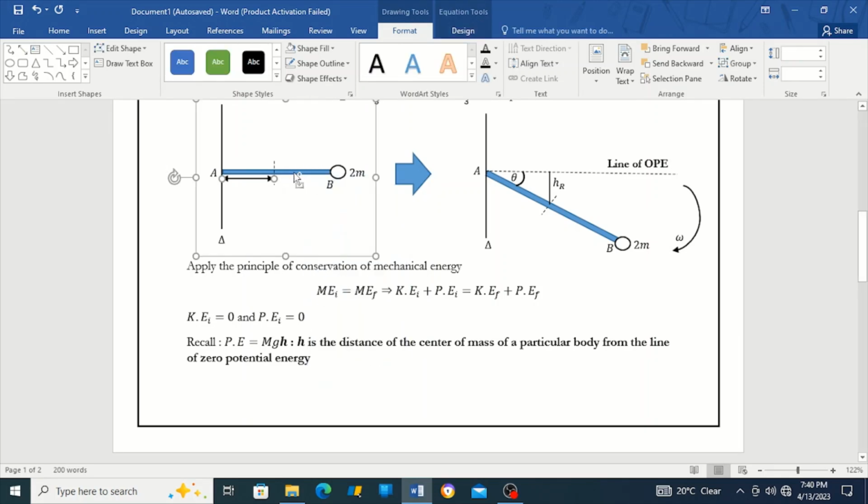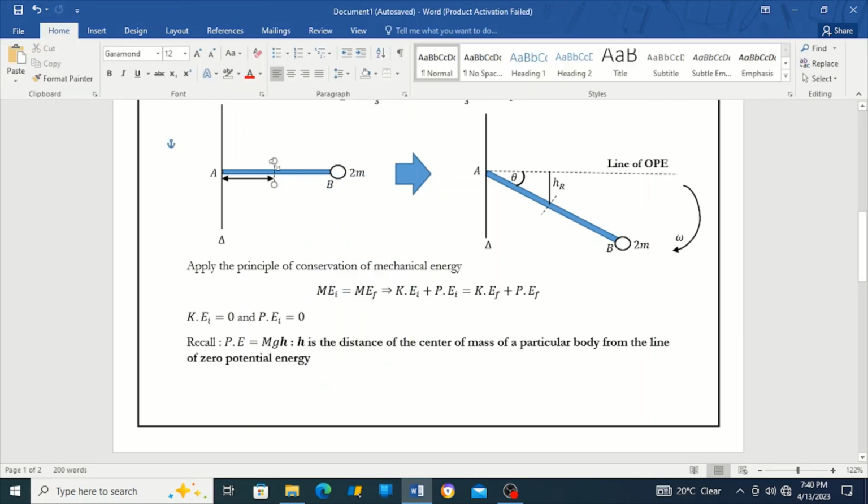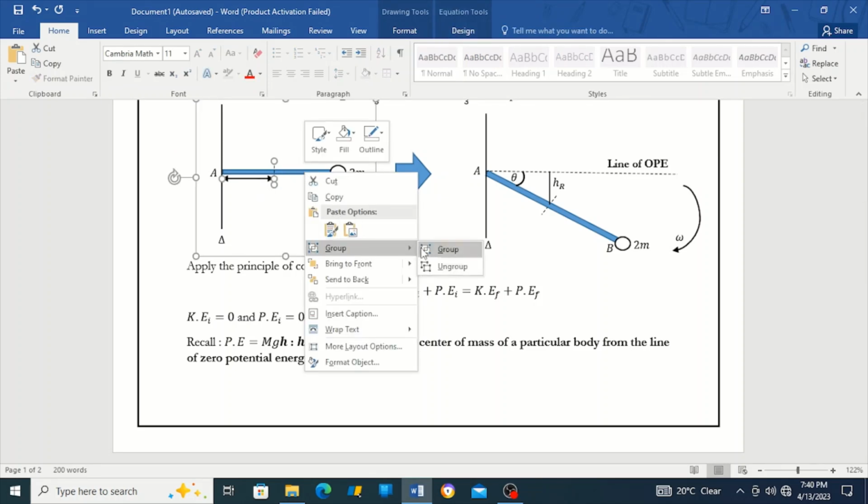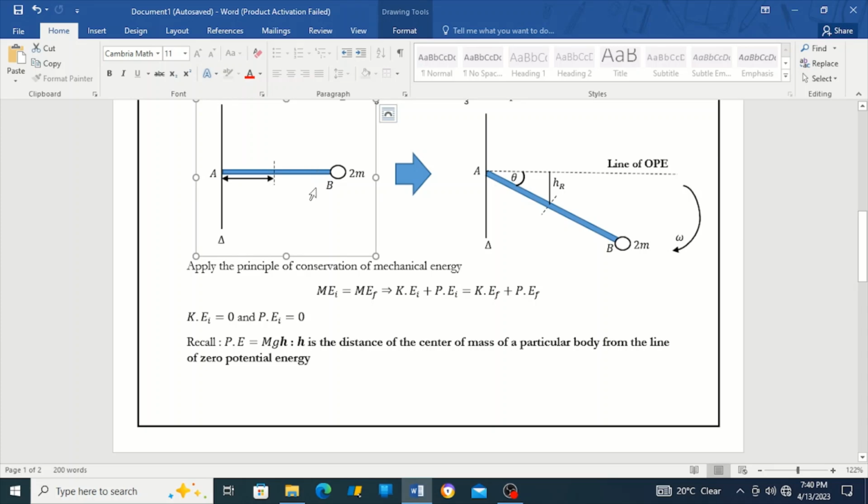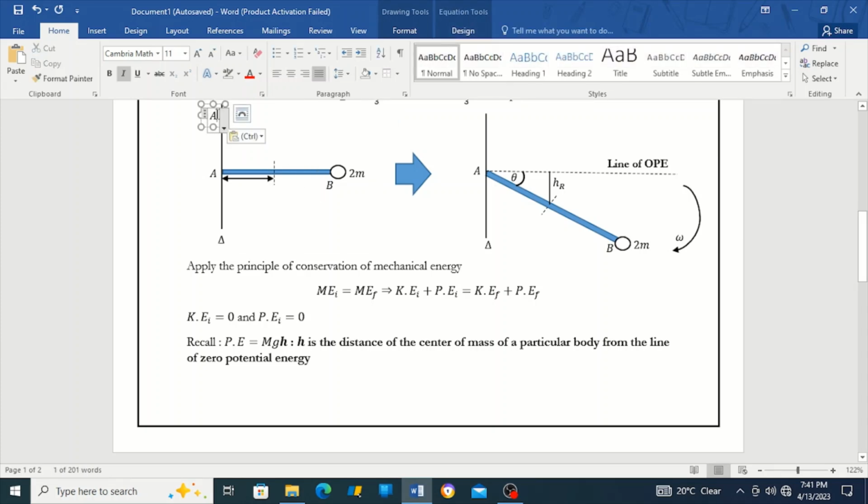Since the rod has length 2a, this small distance that I am putting there is simply a. So this distance here is a, and automatically it becomes the slanted distance that I represented here. So if I come back here, this distance is also a.